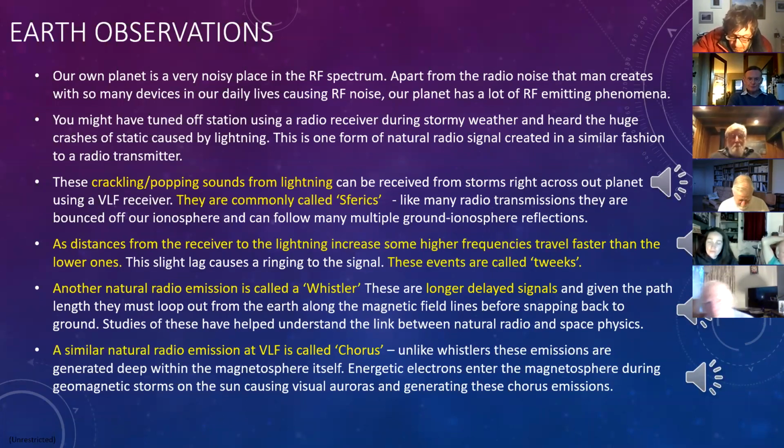And so, like the tweaks, the delay is even more increased, and you find that the sound is very, very different again. Studies of these whistlers have really helped understand the link between these natural radio emissions and space physics in our magnetosphere. So let's have a listen to what whistlers sound like.